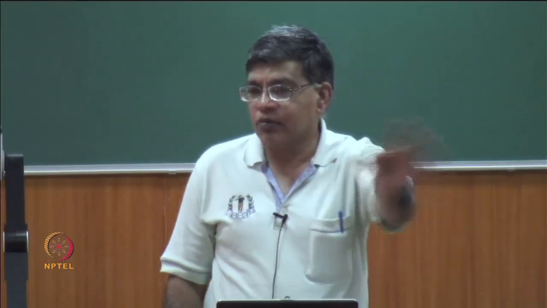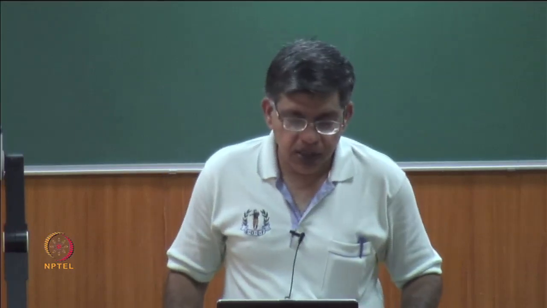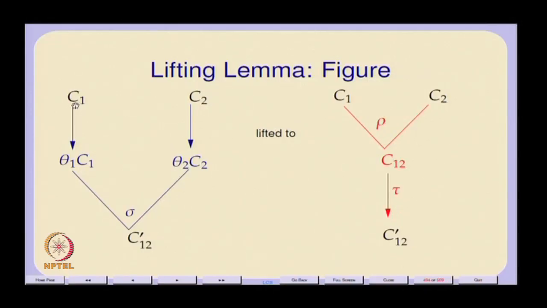So we can rename all the variables, make them all unique. There will be a set X1 of variables occurring in C1, and a disjoint set X2, which are the set of variables occurring in C2, and I perform two substitutions.